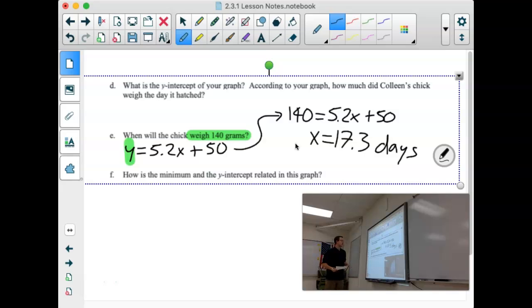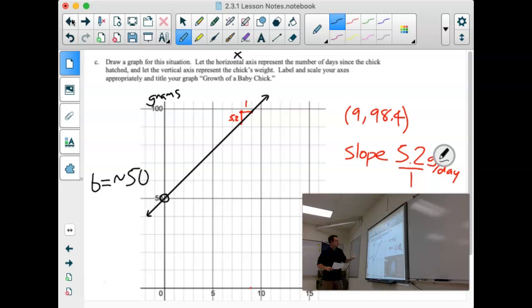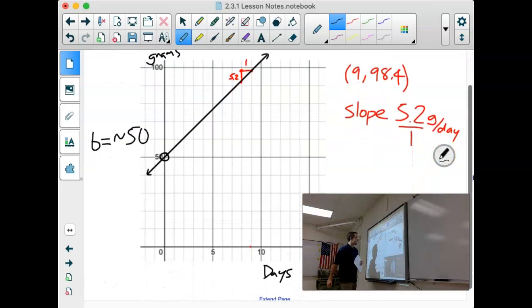How are the minimum and the y-intercept related in this graph? If we go back and look, since our x-axis is the number of days old our chick is, I think x equals 0 is going to be our minimum for this graph, meaning our graph should stop right there.